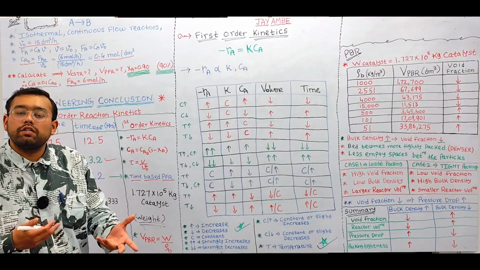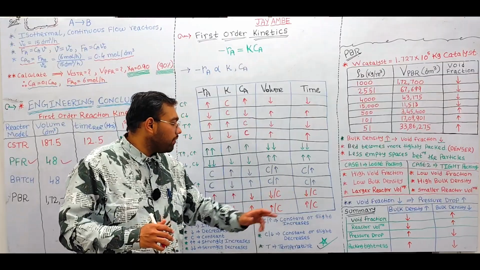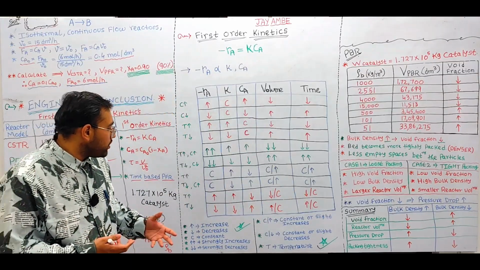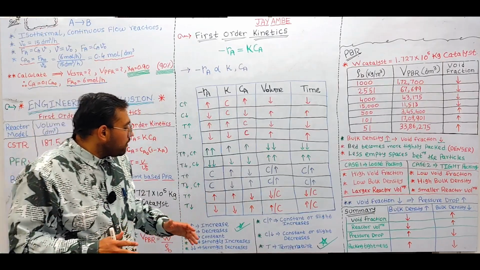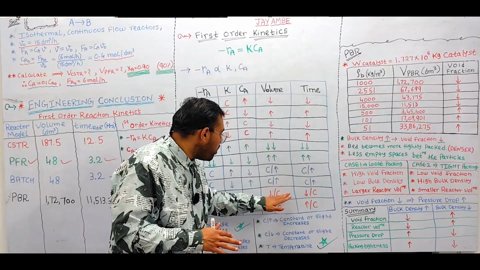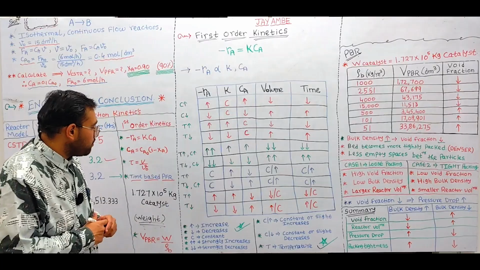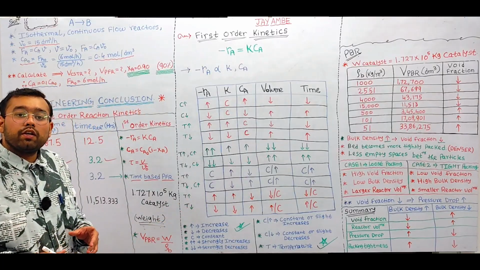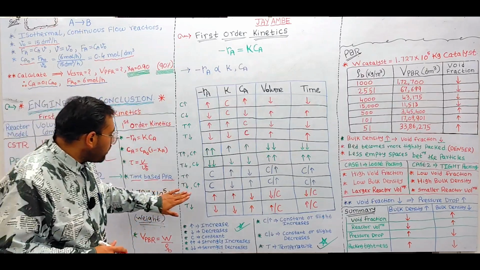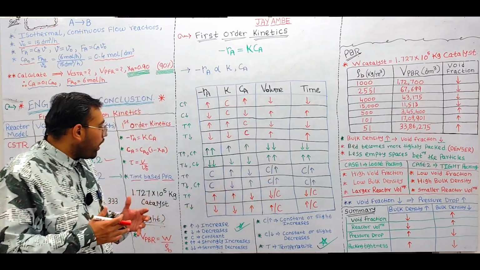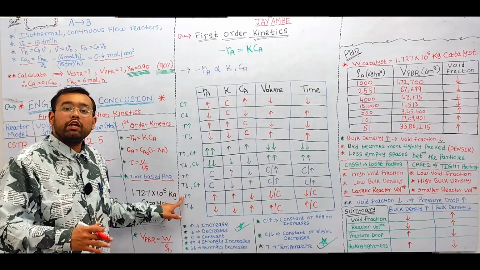The speed of the reaction has increased, due to which we will require a smaller reactor volume and lesser reaction time in order to achieve the desired conversion, or there might be a possibility of the reactor volume and reaction time remaining constant. I hope you understood. Now we'll understand the engineering interpretation for the ninth part. This phenomenon will be observed when the temperature of the reaction environment is increased.